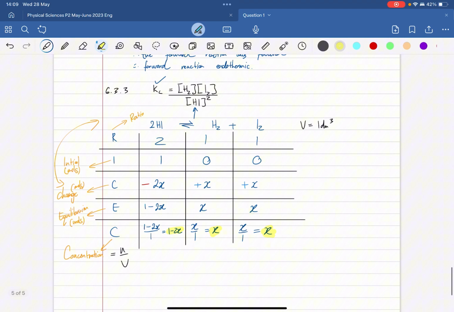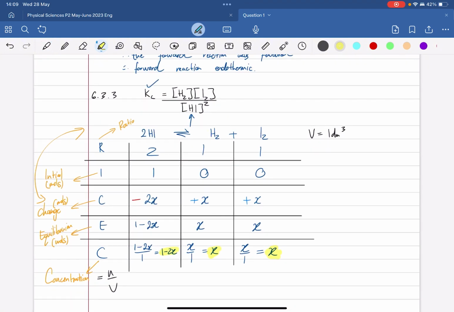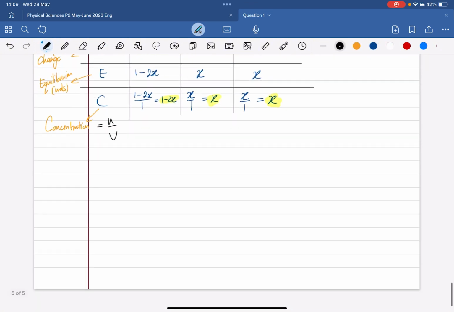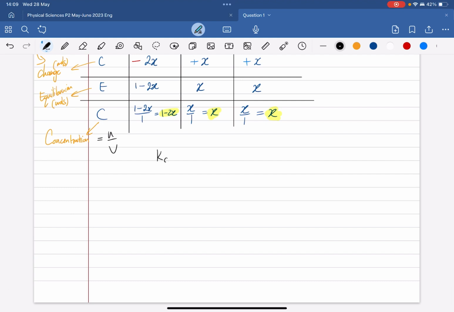Now that we have the concentrations at equilibrium, we can substitute them into our Kc expression. So let's just rewrite the Kc expression here. Kc is equal to the concentration of hydrogen gas multiplied by the concentration of iodine gas, divided by the concentration of hydrogen iodide. Remember, we're looking at the Kc at 850 Kelvin, and we know that the Kc value is 0.09.